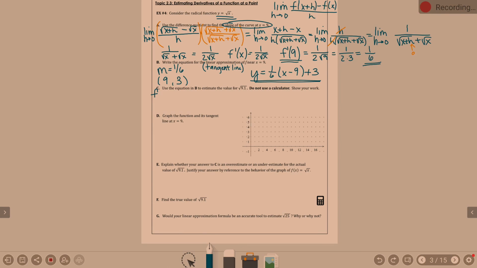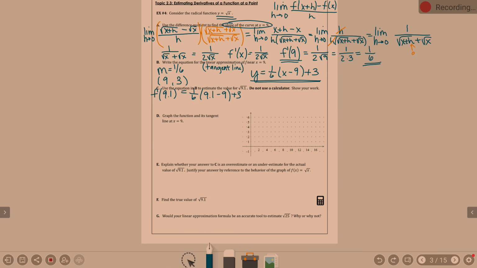We're trying to find the value of the square root of 9.1. We're trying to plug 9.1 into that equation, right? And so when we do that, it's going to be 1/6 times (9.1 minus 9) plus 3.